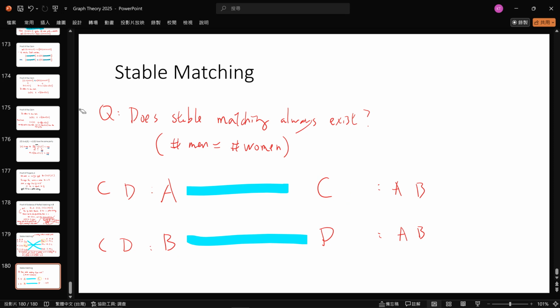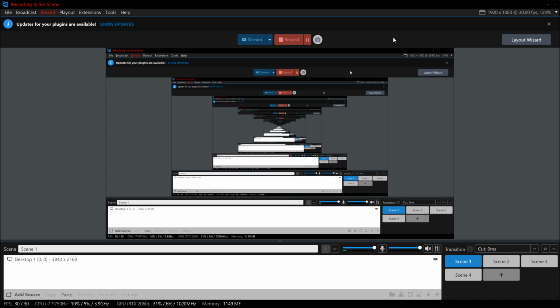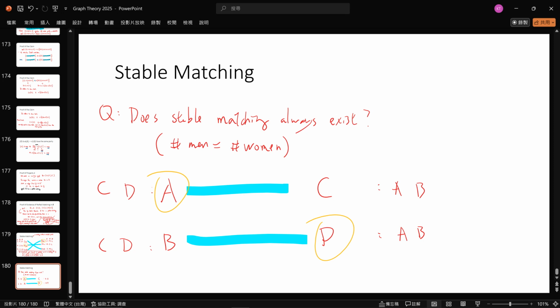We can also check AD. Right, so for A, he is already matched to his favorite. Okay, so we cannot satisfy both constraints.